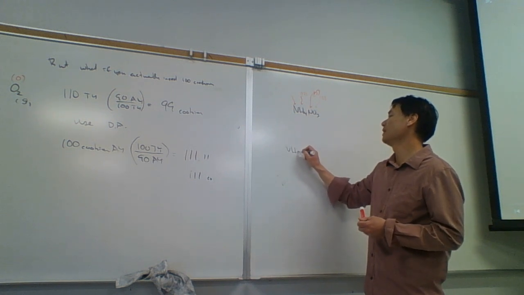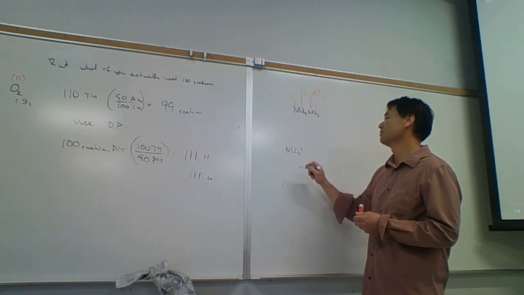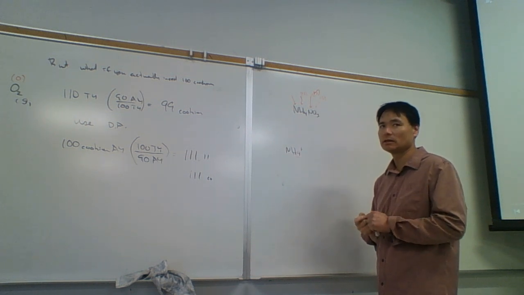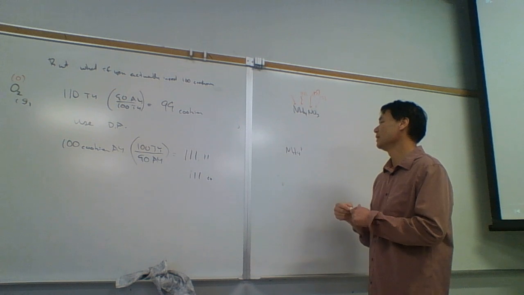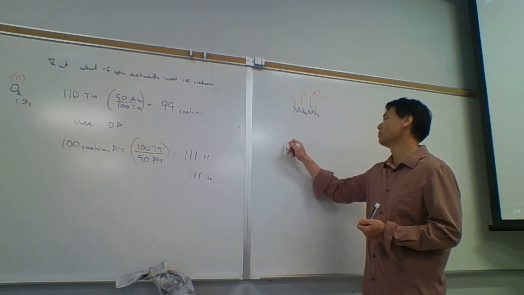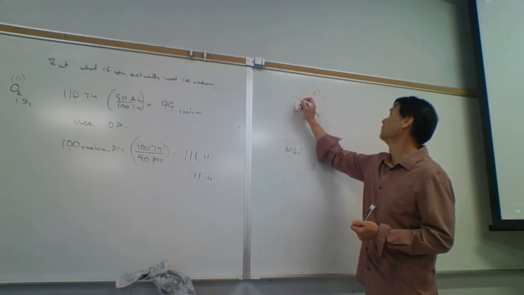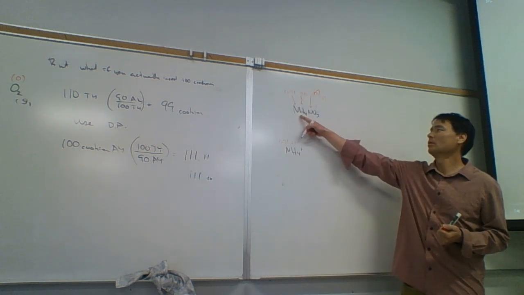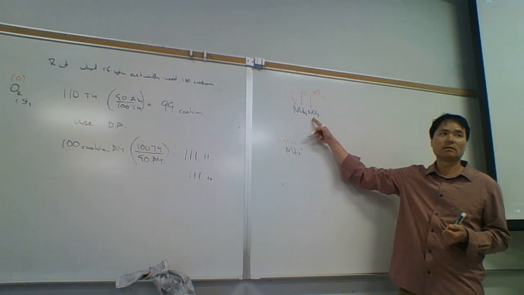Ammonium is NH4+. If hydrogen is +1, that means nitrogen must be -3. So this is +1, this is -3. What's the difference? Well, one nitrogen has 8 more electrons than the other nitrogen.